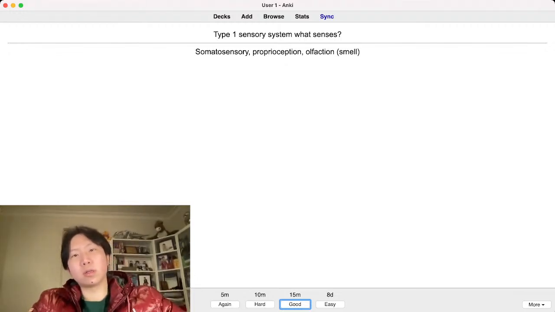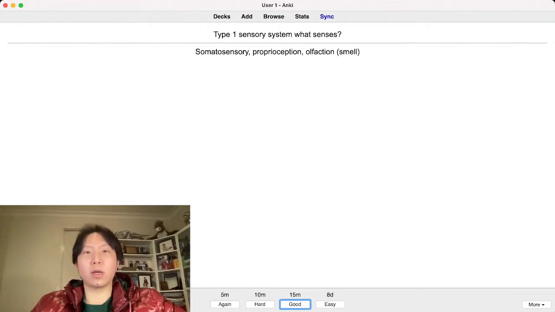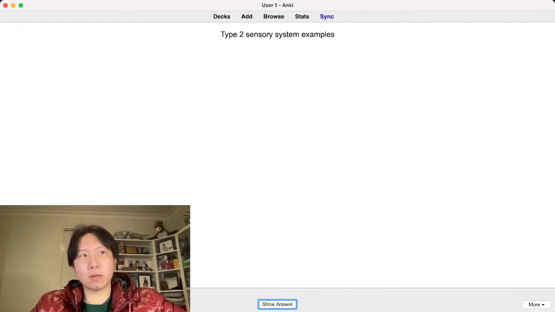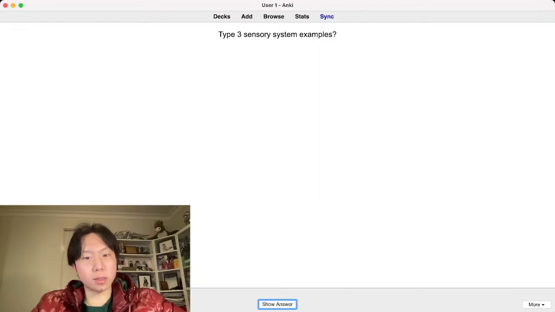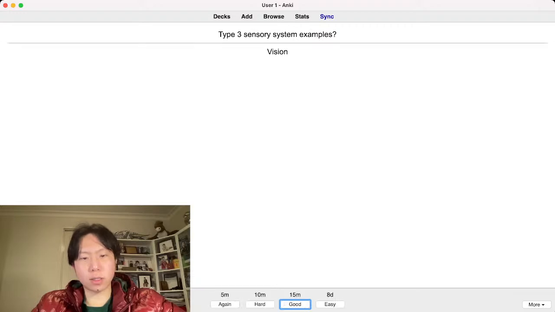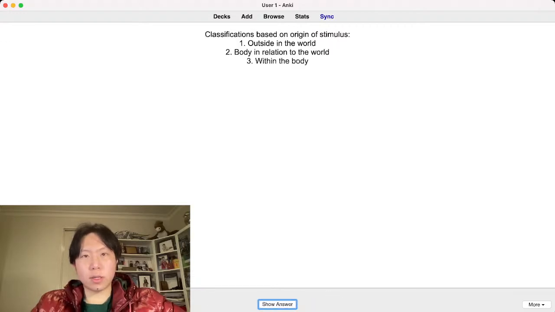Okay, the sense inside the body and where you are in space. Type 2 is the receptor one. I don't really know. Maybe touch or something. Hearing, taste, and balance. Type 3 would be eyes and hearing. Eyes, just eyes, sorry.